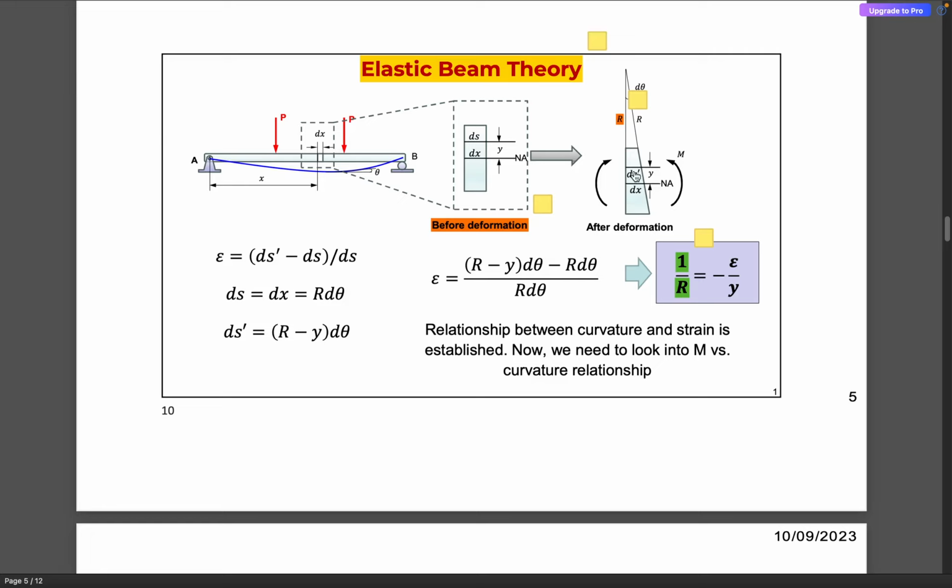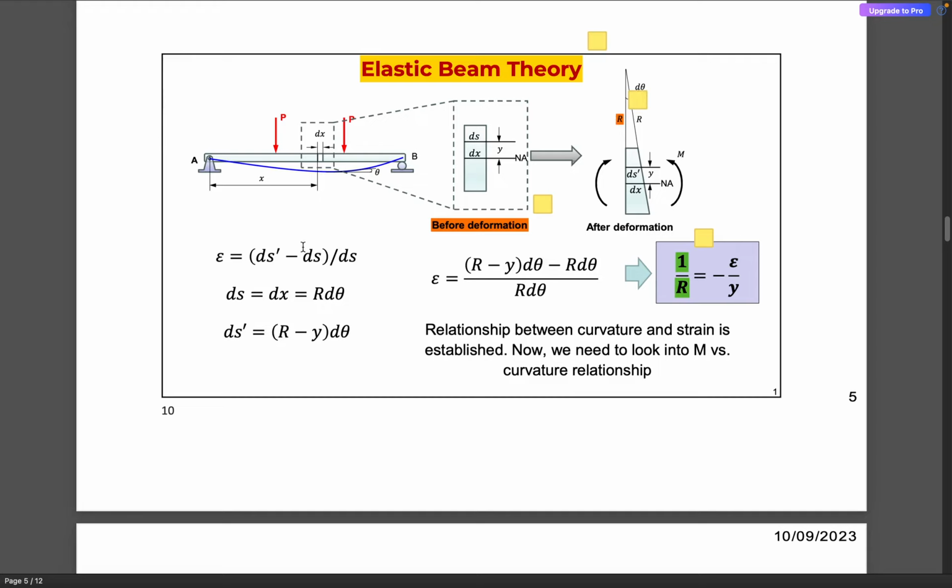However, because of the sagging bending moment at this particular cross section, the fiber at a distance y from the neutral axis undergoes a shortening from ds to ds prime. Essentially the beam bends as an arc of a circle, and this particular angle is given by d theta, and the radius of curvature is given by r.